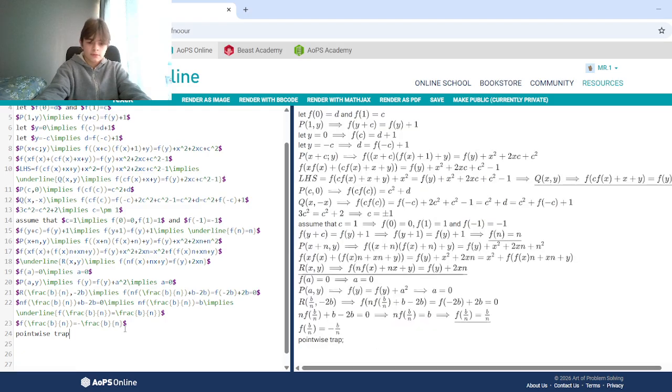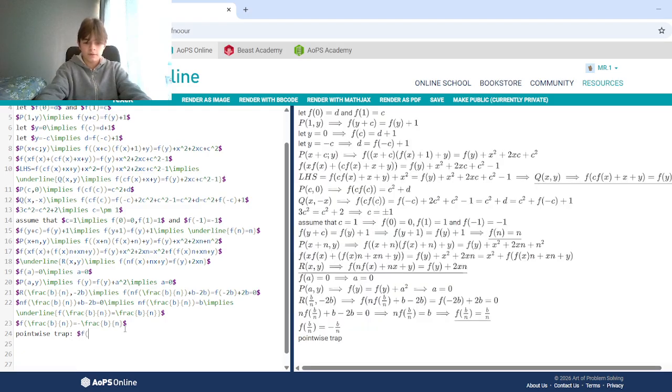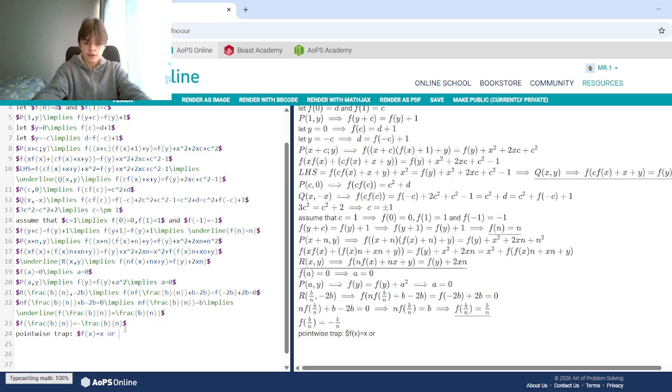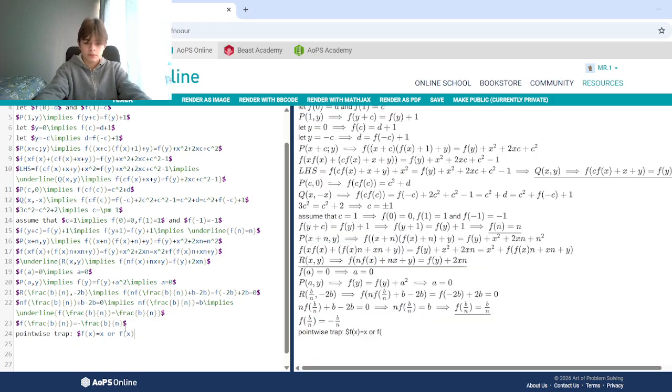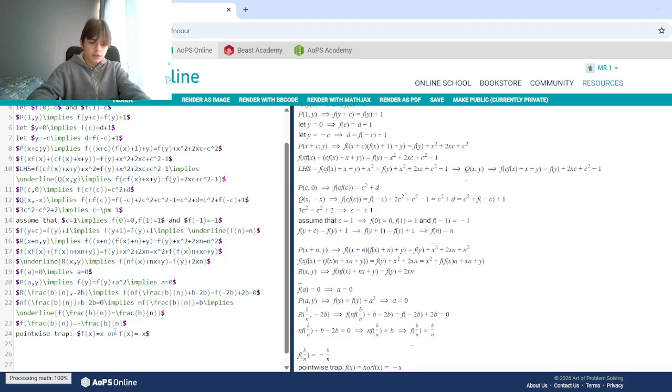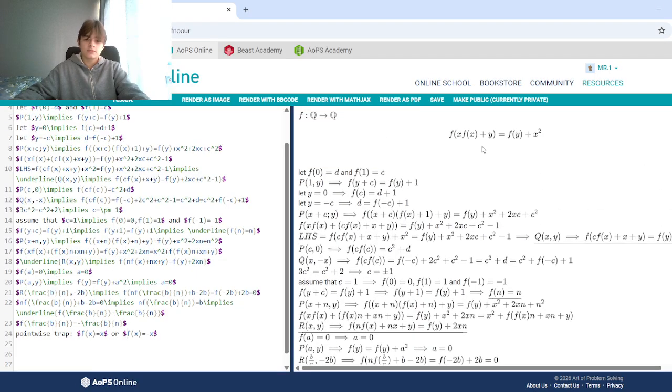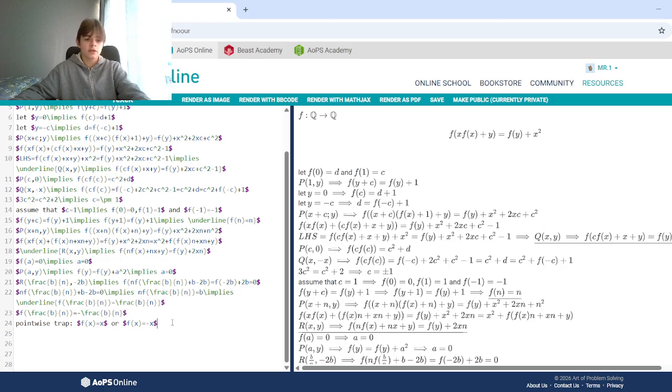So we have f(x) equal to x or minus x, and if we check, both of these answers work, because this is x squared in both answers: x squared minus y is equal to x squared minus y, and x squared plus y is equal to x squared plus y.